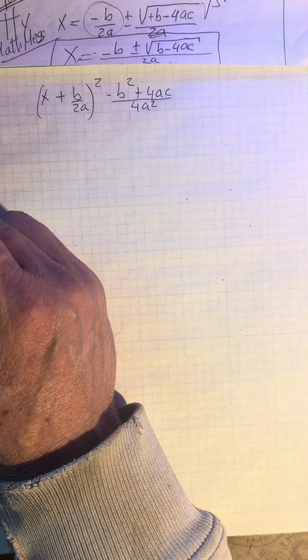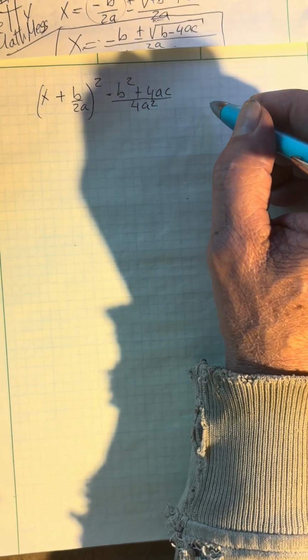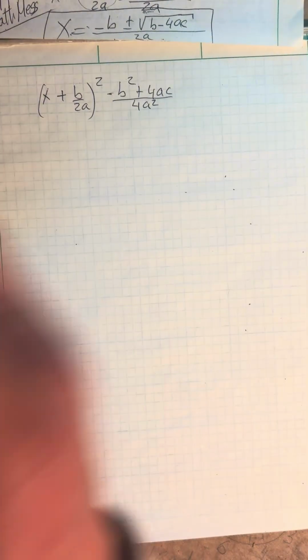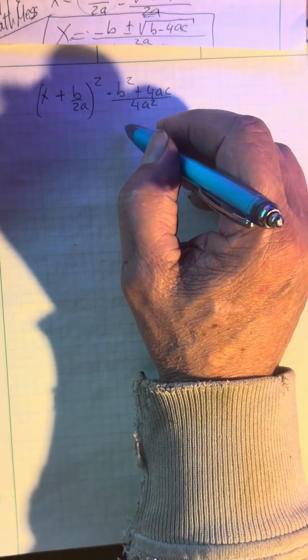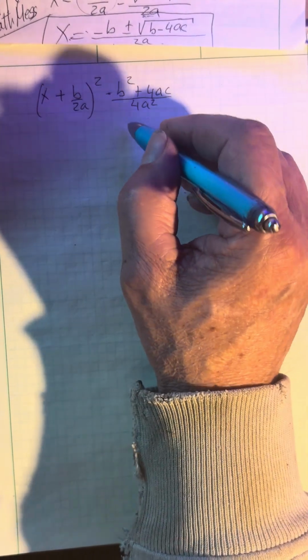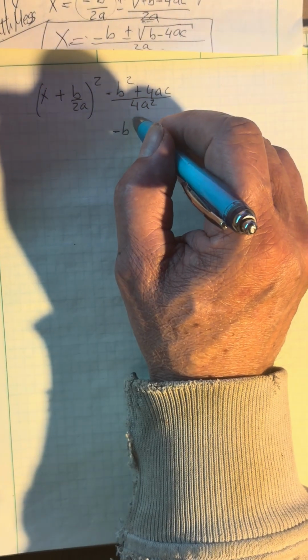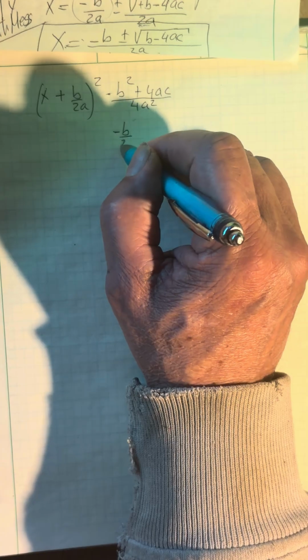So, okay, what can we do here? We can separate this, maybe. Just write it as b over 2a.